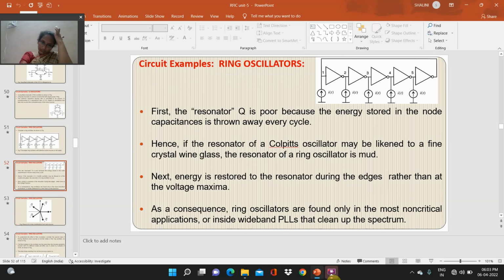Hence, if the resonator of a Colpitts oscillator may be likened to a fine crystal wine glass, the resonator of a ring oscillator is mud. Next, energy is restored to the resonator during the edges rather than at the voltage maximum. As a consequence, ring oscillators are found only in the most non-critical applications or inside wideband PLLs that clean up the spectrum.